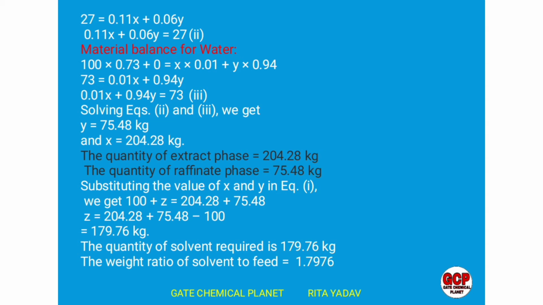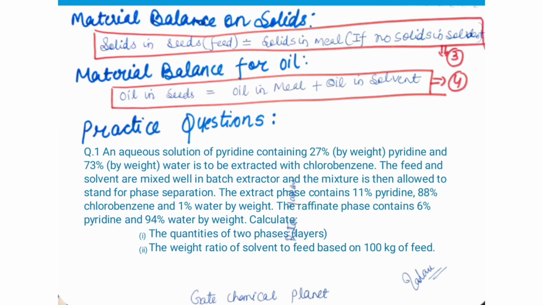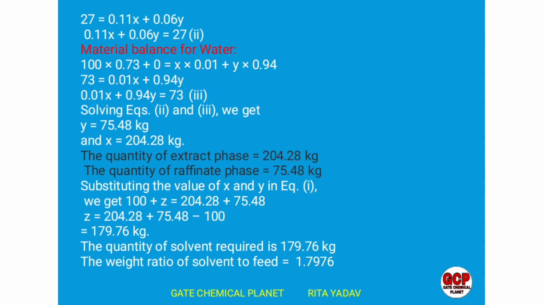Now we will write the component balance for water. How much water is present in the inlet stream? Here the water present is 73% by weight. Water is being extracted with chlorobenzene. The amount of water in the inlet stream is 73%, and there is no water in the solvent initially.